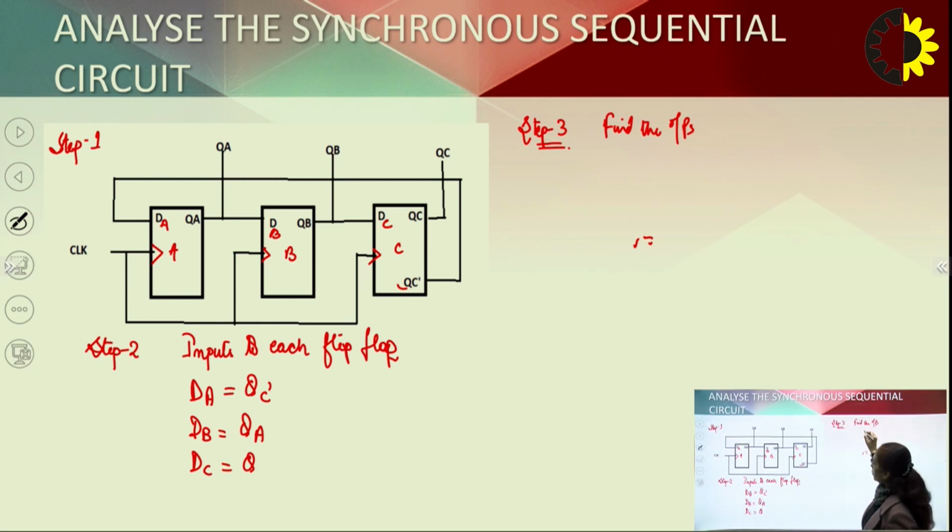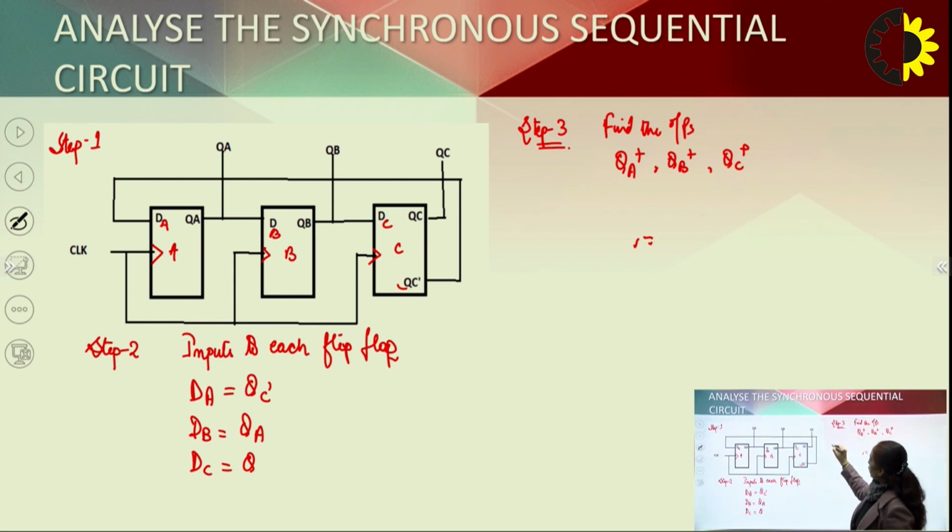So the next state output we can represent as QA plus, QB plus and QC plus, which will be directly equal to your DA, DB and DC, whatever the values we are going to apply, right?